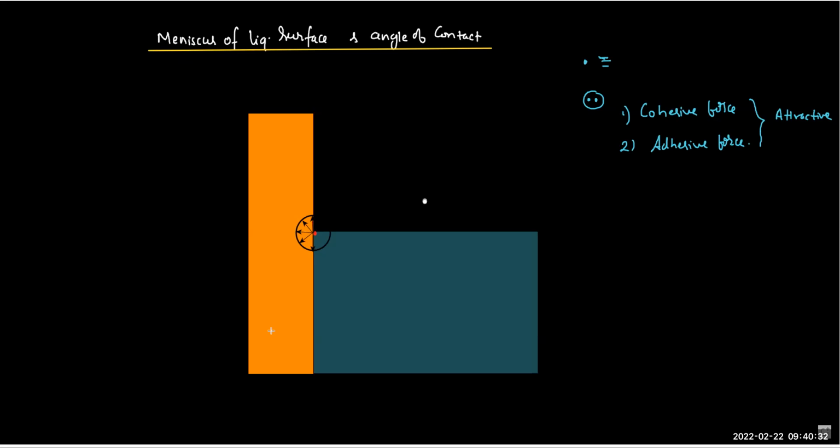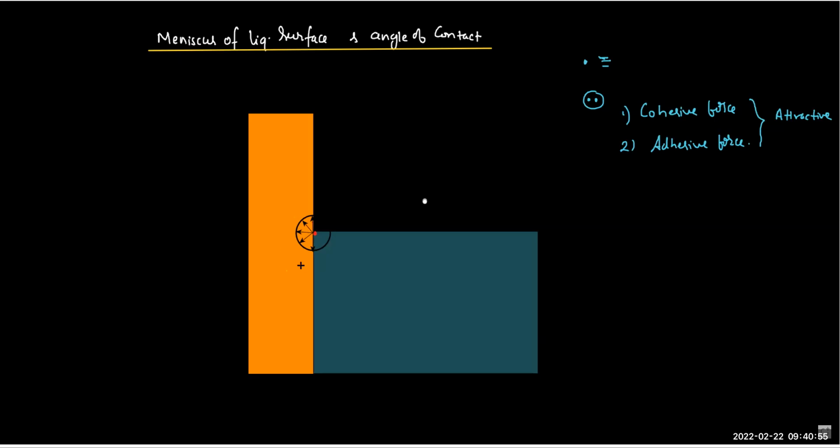Now if I say that the red dot is experiencing force from all directions on the left, what should be the direction of the resultant force? Am I audible, guys? If I'm audible, do reply.